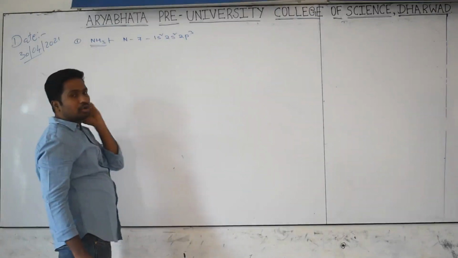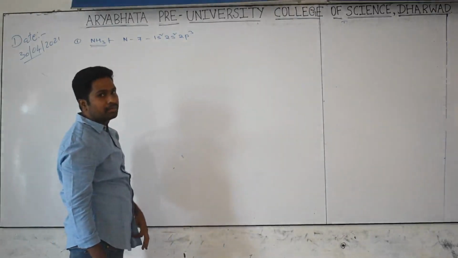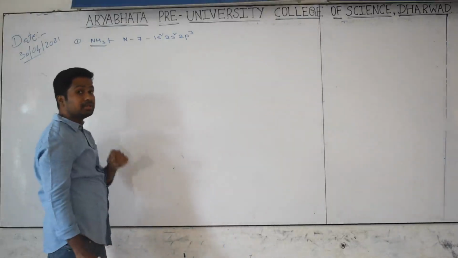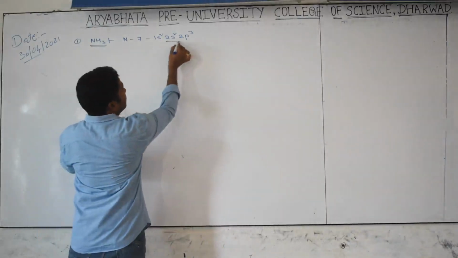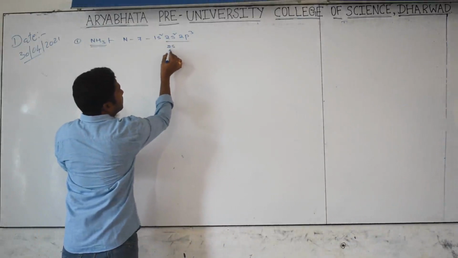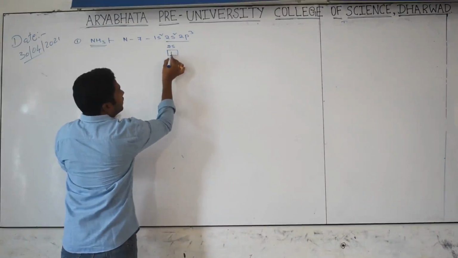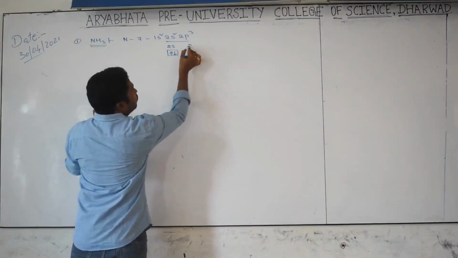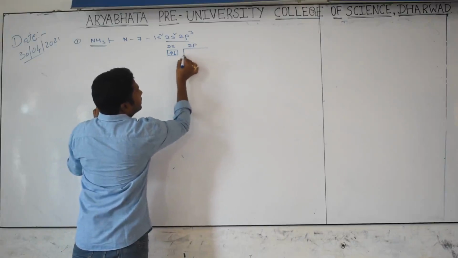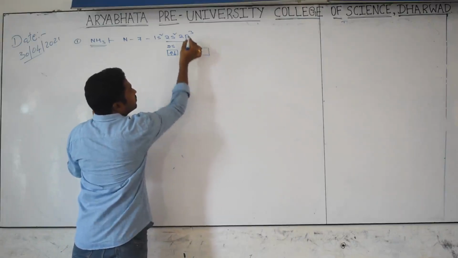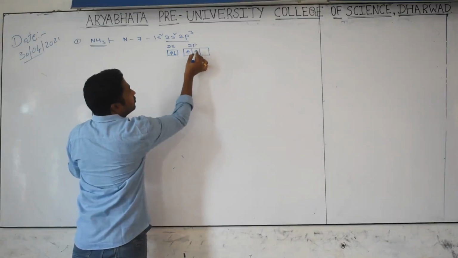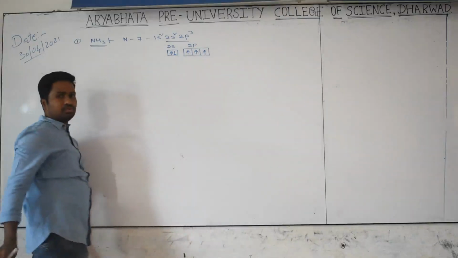According to the rules, which orbitals are involved in the overlapping? Valence shell orbitals with a single electron. In the valence shell, 2s has how many electrons? 2 electrons. 2p is of how many types? 3 types.